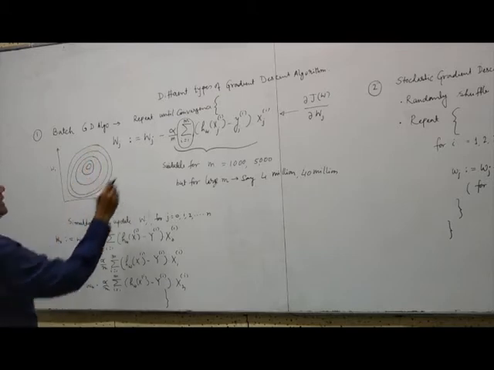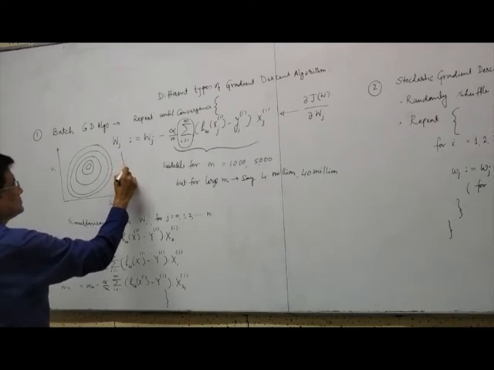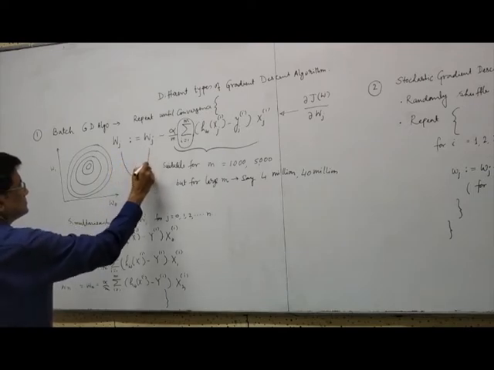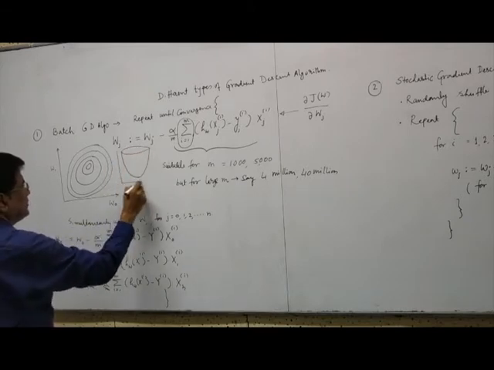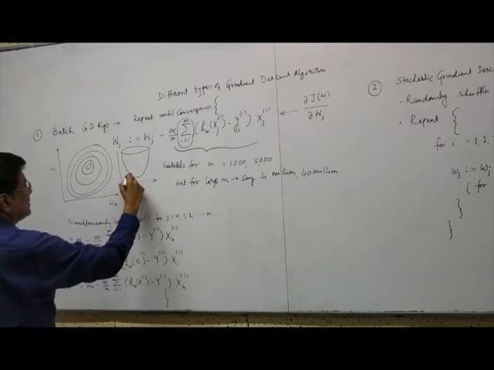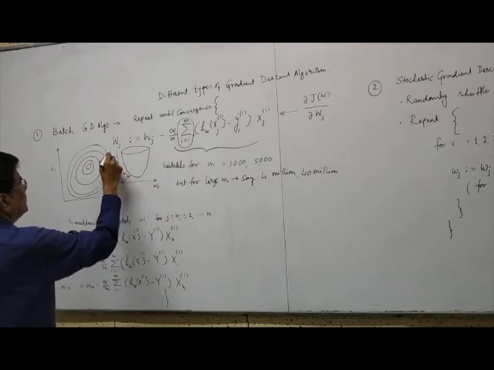And if you take the learning rate, this is actually a bowl. Say W0, W1, and this is our J(W), isn't it?